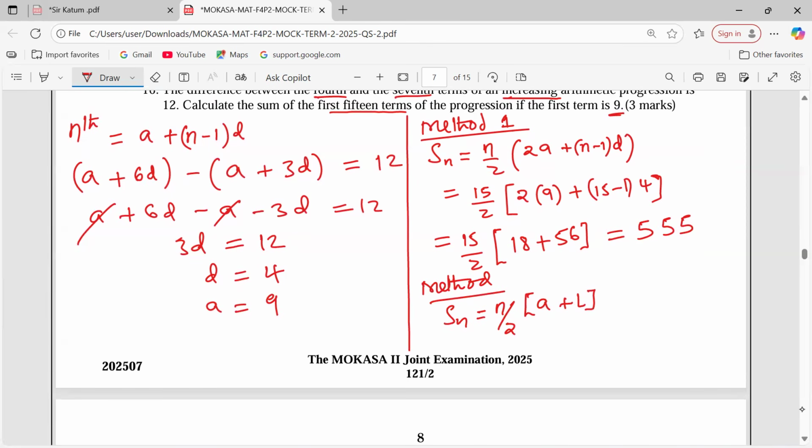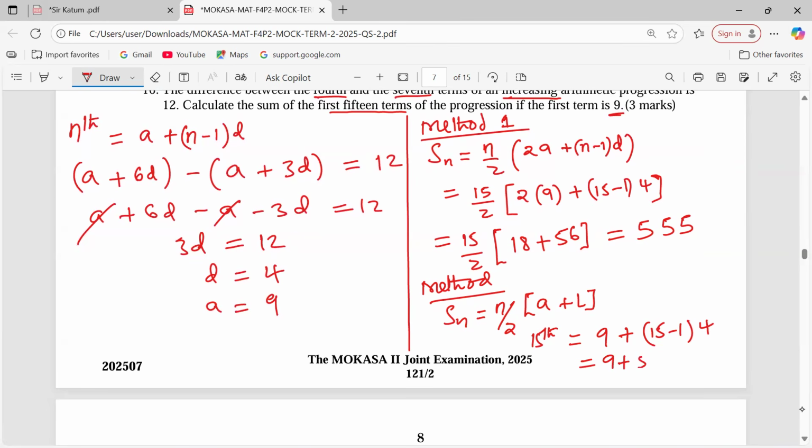So the 15th term shall be the first term plus (15 minus 1) into d. So 9 plus 56, which is 14 by 4.